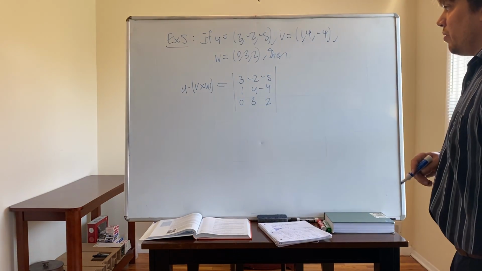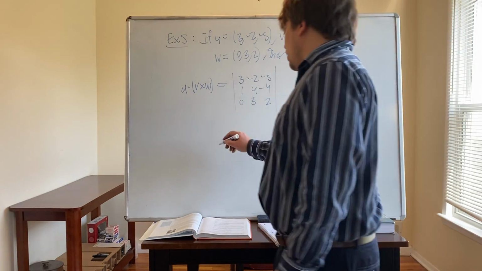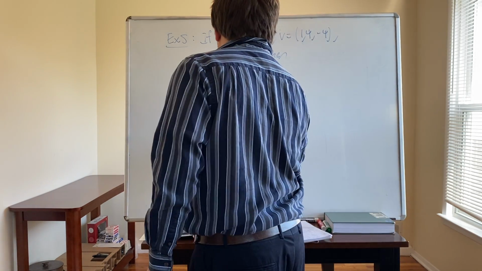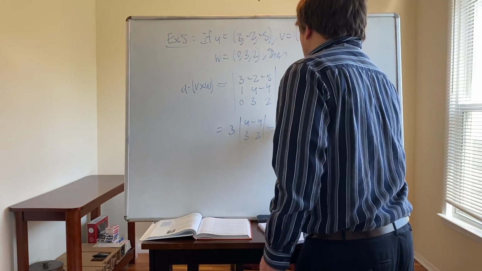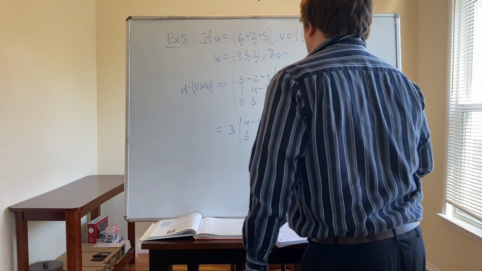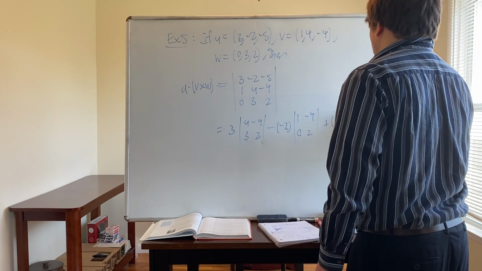You're just going to find the determinant of that matrix. It's 3 times the determinant of that matrix minus -2 times the determinant of that matrix plus -5 times the determinant of that matrix.